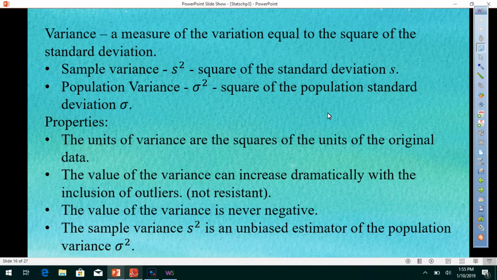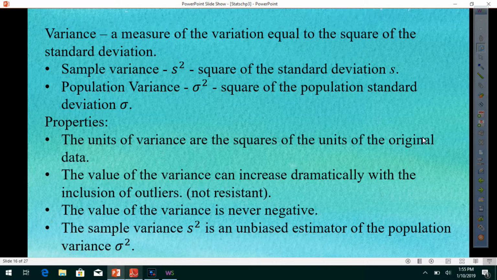Variance is a measure of the variation equal to the square of the standard deviation. Sample variance, S squared, is the square of the standard deviation. Population variance, sigma squared, is the square of the population standard deviation. We actually found that before on the sample variance.